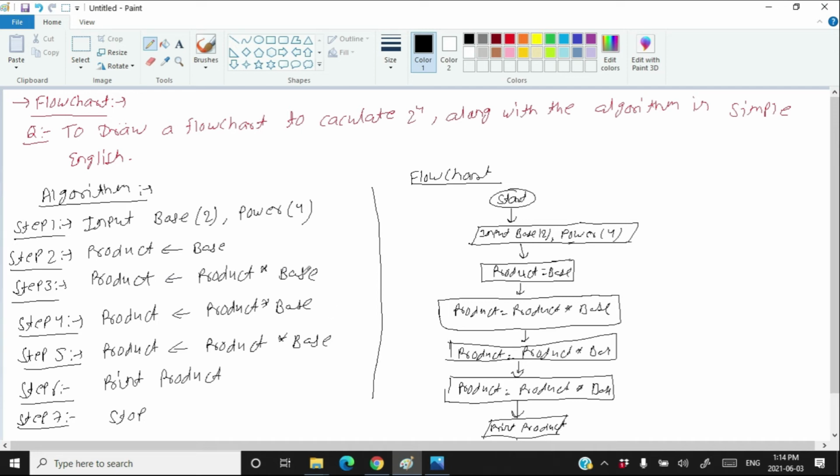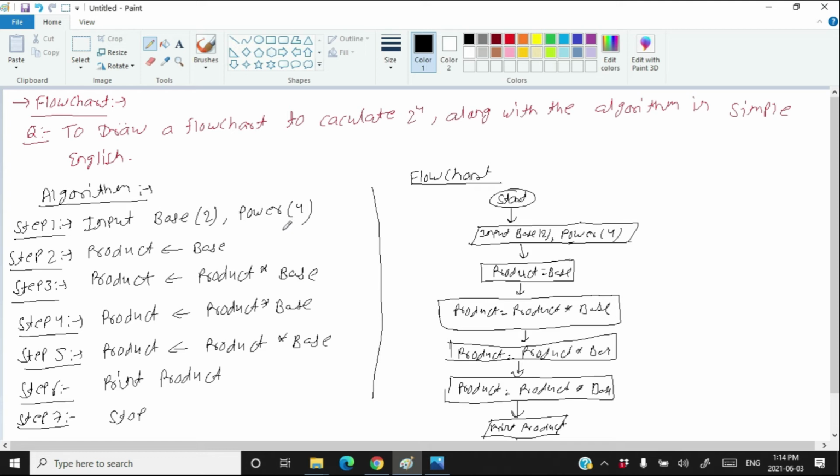What if the power was 10,000? Will you write this statement 9999 times? No, this is not efficient. Here we need something special so that no matter what the value of power is, our algorithm should work fine.